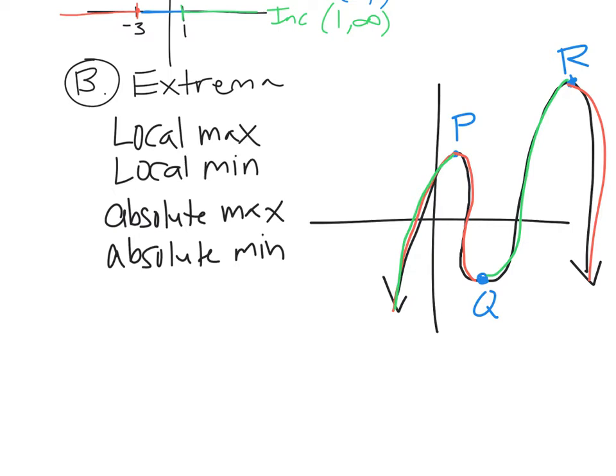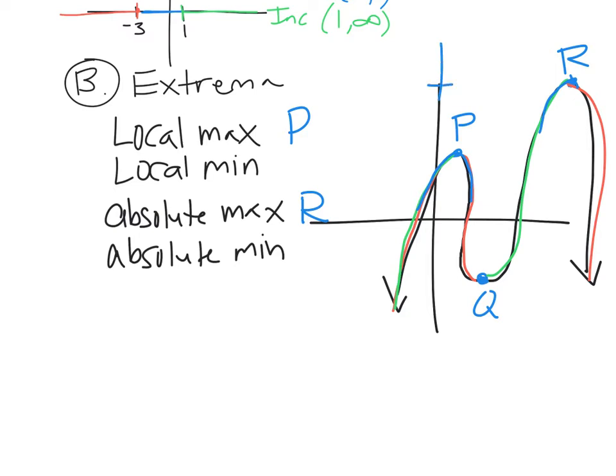Now, a local maximum is going to be like the highest point in its neighborhood. Okay? So point P is a local max, because as you reach this peak right here, you go back down, but it's not the highest one on our graph. Our absolute max is what? R. R is the absolute max, the highest y value that our graph goes to.